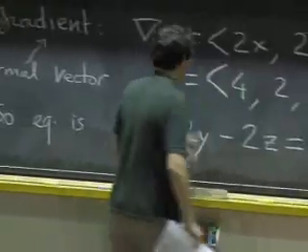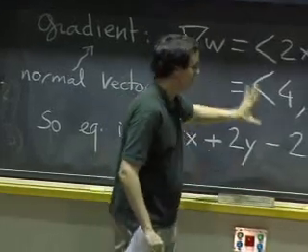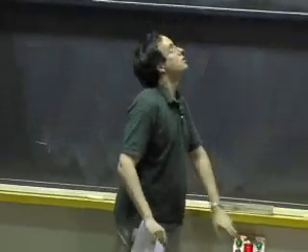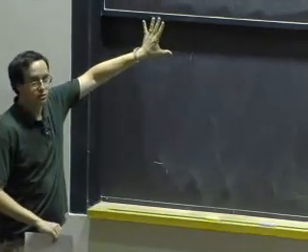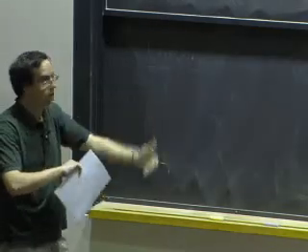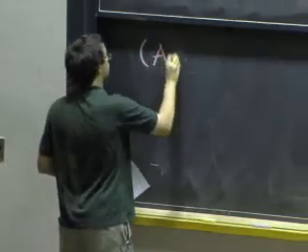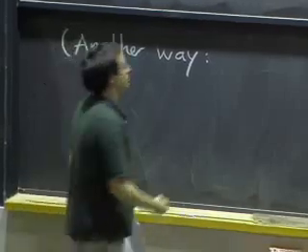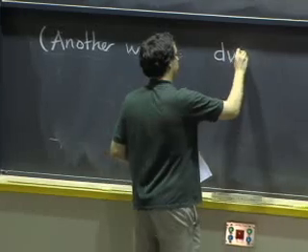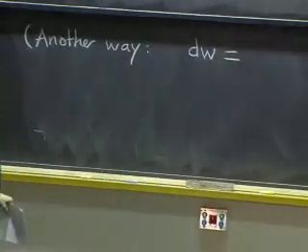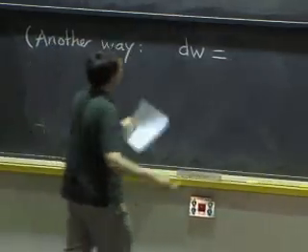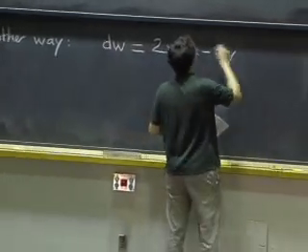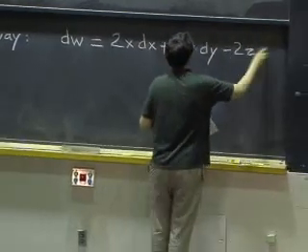Okay, let me give another way that we could have seen this. I claim we could have done this without the gradient, or using the gradient in a somewhat disguised way. The other way to do it would be to start with a differential. It's pretty much the same content, but let me write it as a differential. dw is 2x dx plus 2y dy minus 2z dz.